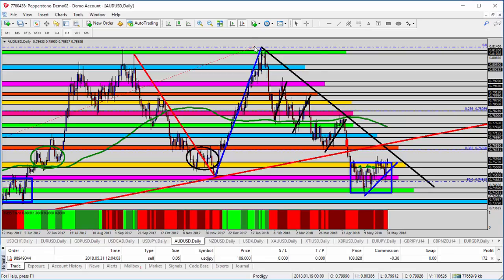Let's take Fibonacci. I'm going to take the old Fibonacci off here and pick Fibonacci from the highest high down to the lowest low of our current downtrend that we've been in, the black trend line. So lowest low, highest high, make sure I get it right on there. And that puts the 236 fib right at 75.83. Well, we're pushing through that right now, just through the top of the yellow shaded area.